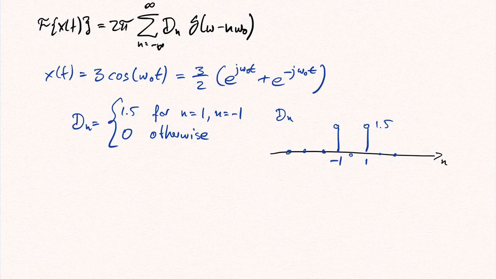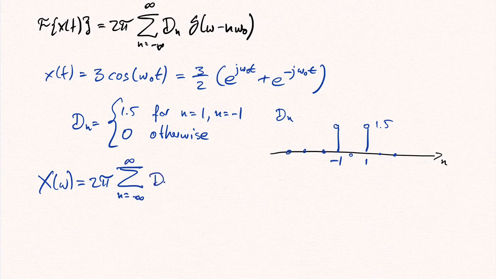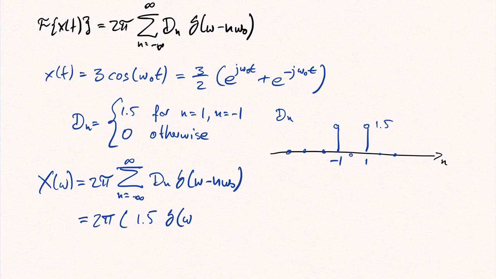From the formula above, we know that the Fourier transform capital X of omega is equal to 2 pi times the infinite sum for n equals minus infinity to plus infinity of the d n's times shifted Dirac deltas, so that X of omega is equal to 2 pi times 1.5, which is the first coefficient for n equals 1, times the Dirac delta as a function of omega shifted by n times omega 0, where n now is 1, so that we get omega minus omega 0, plus 1.5, which is the value of the second coefficient for n equals minus 1, times the Dirac delta of omega minus n omega 0, and n now is minus 1, so that we get omega plus omega 0.